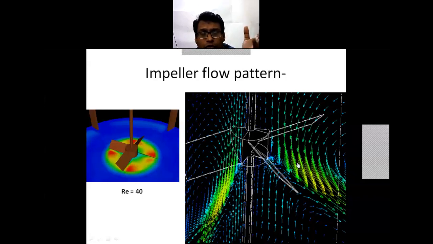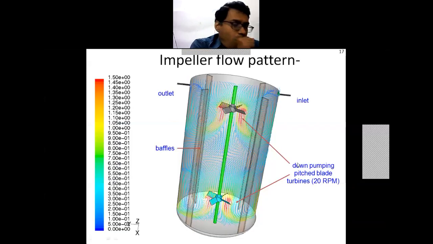Whatever you can think of as the possible movement or direction of the fluid is mathematically proved in the computational fluid dynamics subject. Then the two impellers are shown in this figure, and you can have different velocity vectors. Now the velocity of the fluid just around the impeller will be more.